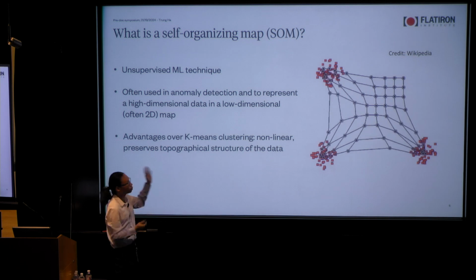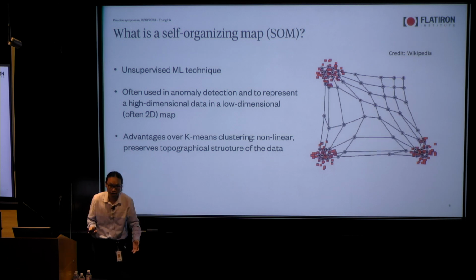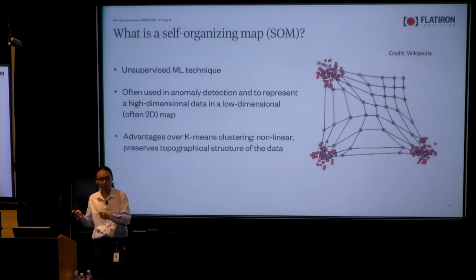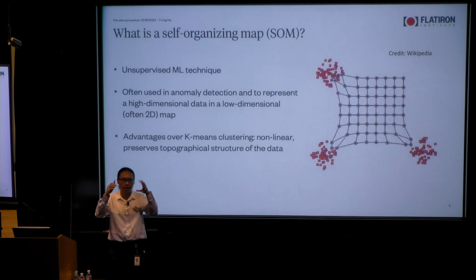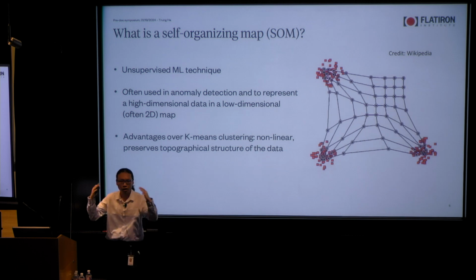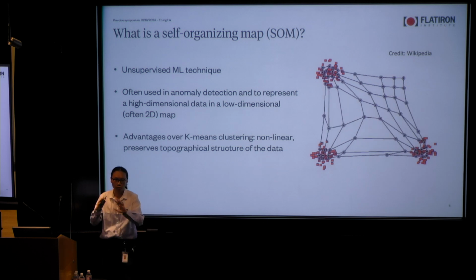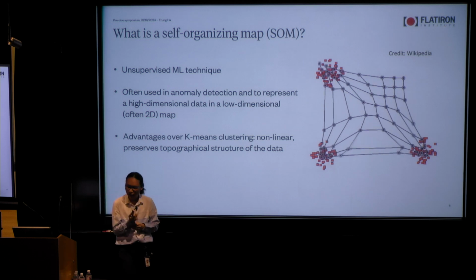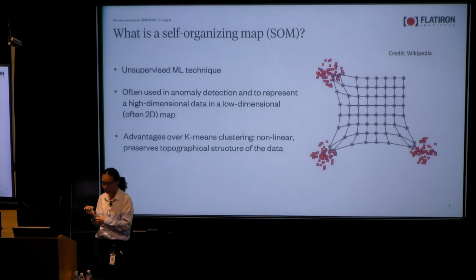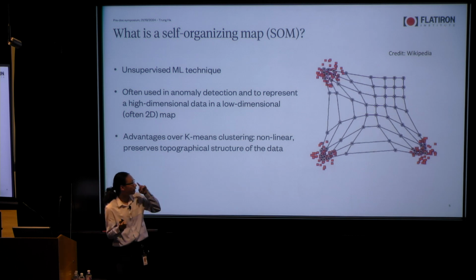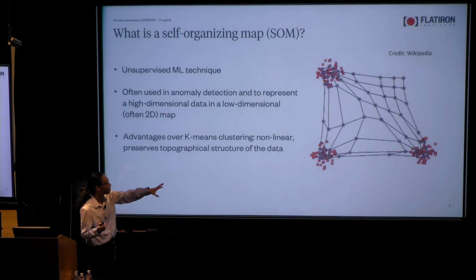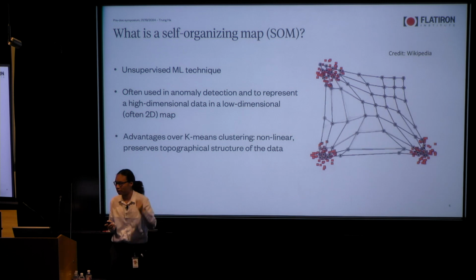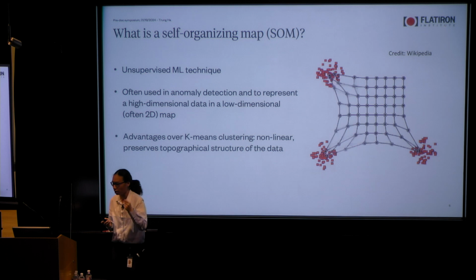SOM is usually used in anomaly detection, most specifically in the financial sector, but it can also be used to represent high-dimensional input data onto a lower dimensional, usually 2D, neuron grid. It has two key advantages over k-means clustering: first, it is a nonlinear clustering method, and also it is able to preserve the topographical structure of the data.